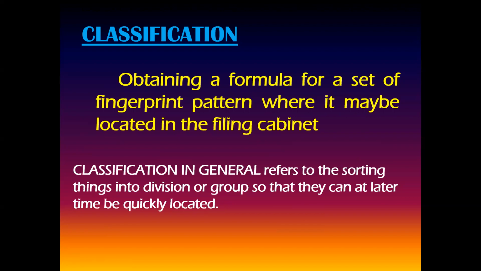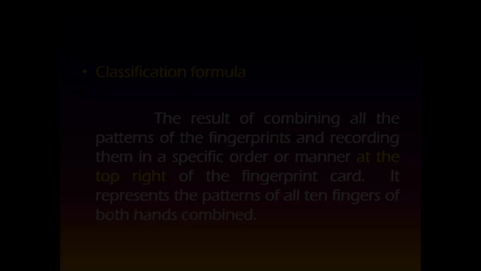Now, for purposes of fingerprints, classification is the process of obtaining a formula for a set of fingerprint patterns. And as we have mentioned earlier, it will serve as the basis for filing them in the filing cabinet so that we could easily search for or locate those records the moment we need them.